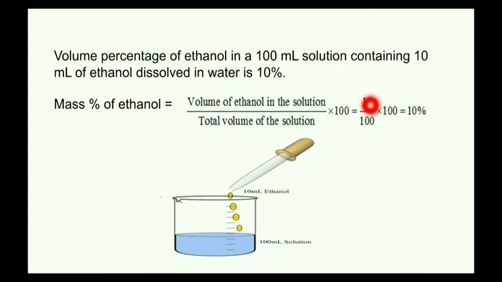That is, 10 ml of ethanol divided by the total volume of the solution, 100, into 100%. When we calculate, we get the volume percentage as 10%, because 10 ml of ethanol is dissolved in the total volume of the solution. So 10 ml of ethanol is dissolved in 100 ml of the solution.